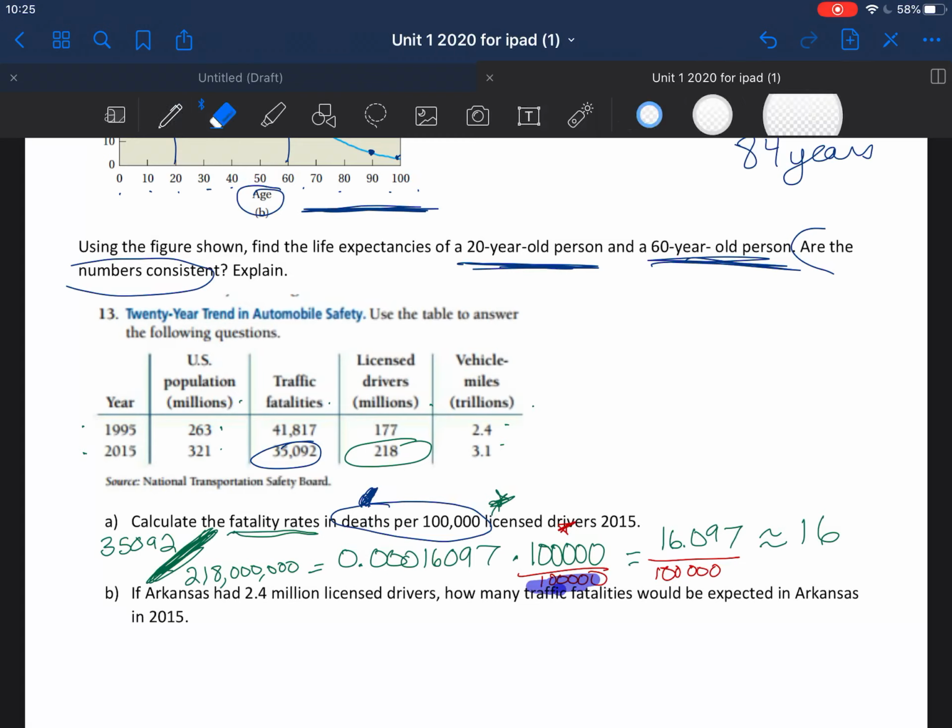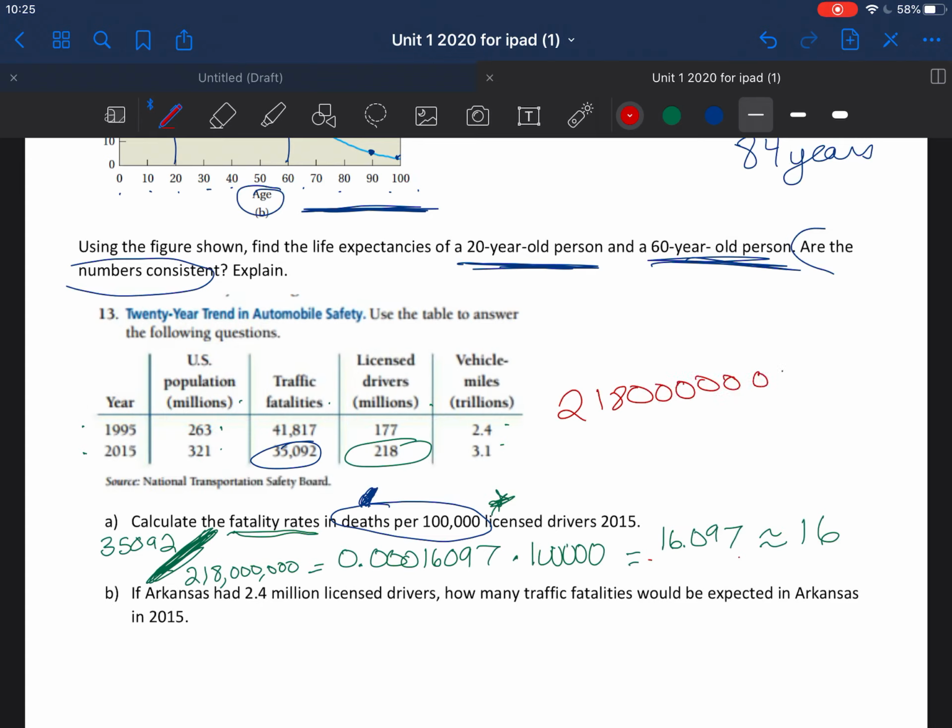Another way to think of this would be to actually figure out what 218,000,000 is in terms of number of groups of 100,000. Isn't that strange? If I knew how many groups of 100,000 there were, that could go on the bottom, and I could divide by that and go straight to my answer.